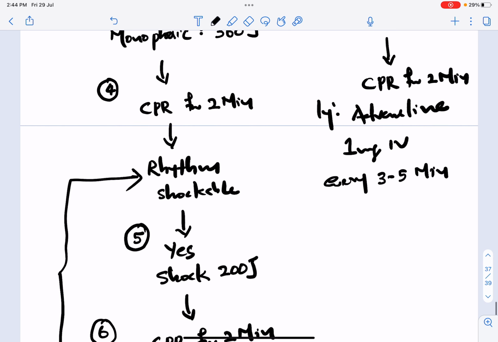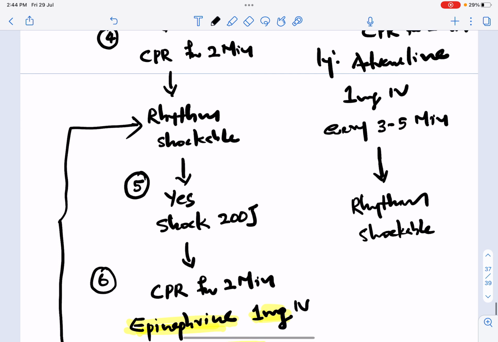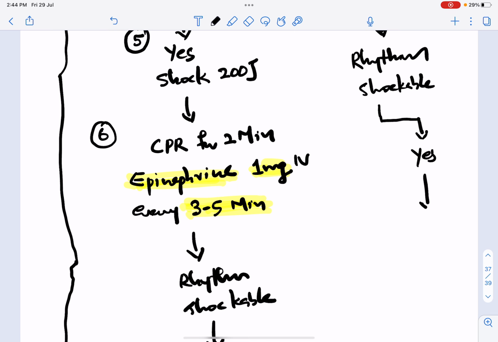Okay. Suppose you are getting a shockable rhythm in between. You are looking for the rhythm after 2 minutes, whether it is shockable. Yes, it is shockable. Then you have to go to step number 5 or 7.